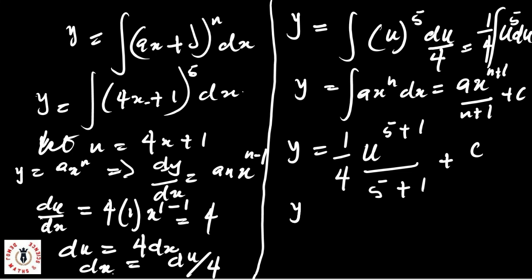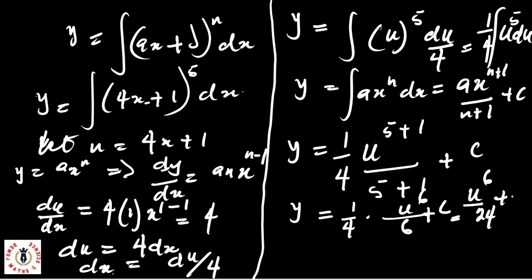So that my y obviously will be the same thing as 1 all over 4 dot u raised to power 6 over 6, plus c. That's the same thing as u raised to power 6 over 4 times 6, that's 24, plus c.